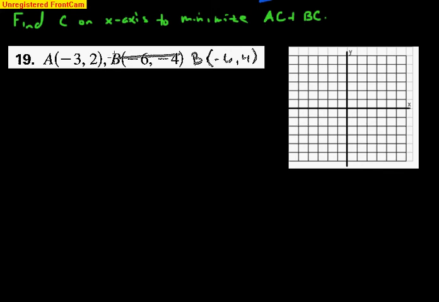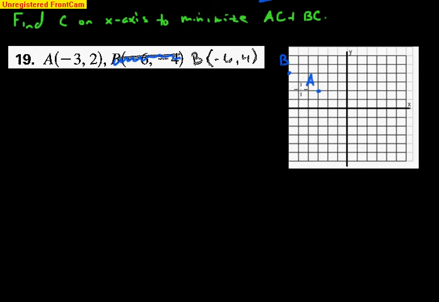So we take A and B, and we take A and plot it at -3, 2, and B is -6, 4. And we're looking for the point C that minimizes this distance. So we assume it has to be closer to A, and it's going to be in between A and B.